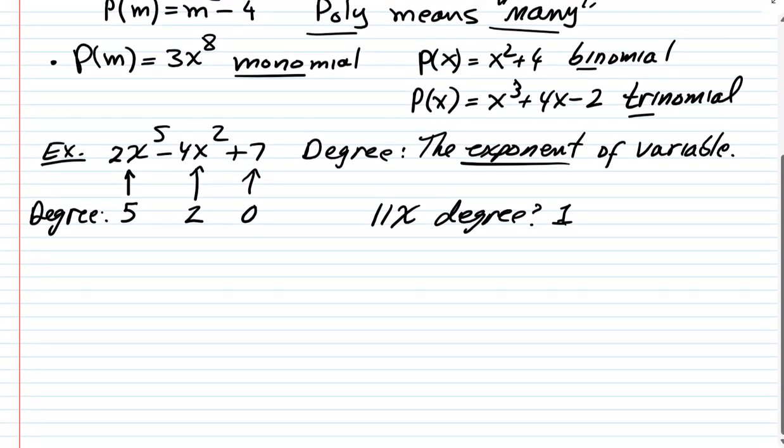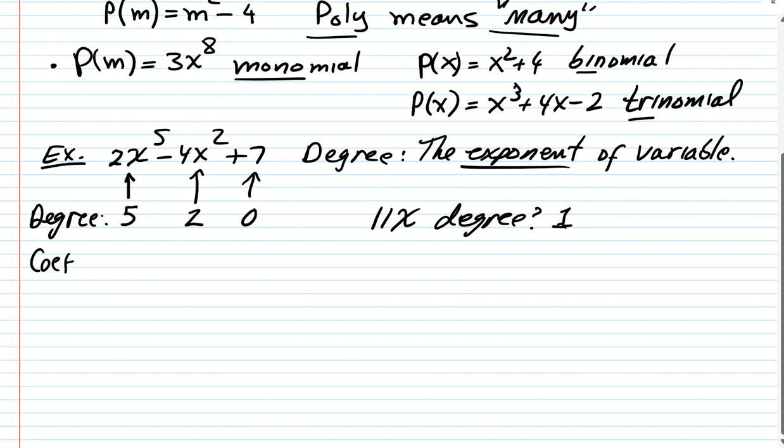Let's talk about the coefficients. The coefficients are the numbers that multiply the variable. So the coefficient on x to the 5th is 2, on x squared is -4, and the coefficient on 7 is just 7 itself. For the constant, the coefficient is itself.